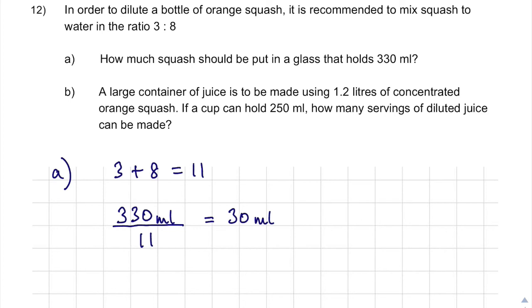And what we want to find is how much squash should be put in the glass. Well, squash is the 3. So therefore, the squash is equal to 3 multiplied by the 30 mils. So we've got 3 parts, each of 30 mils, which is 90 milliliters.